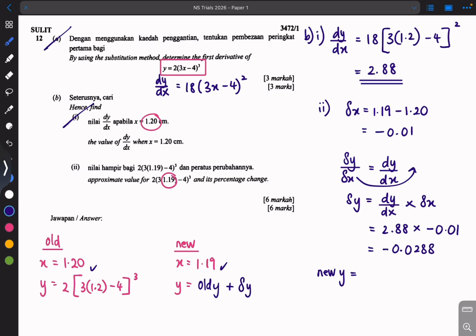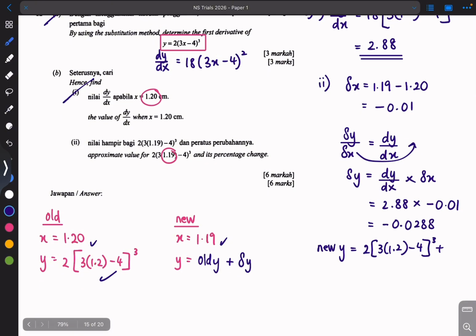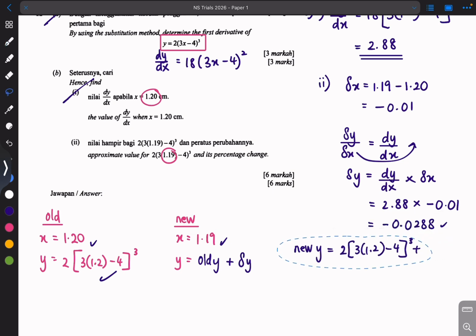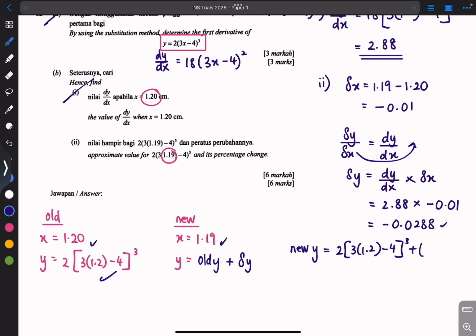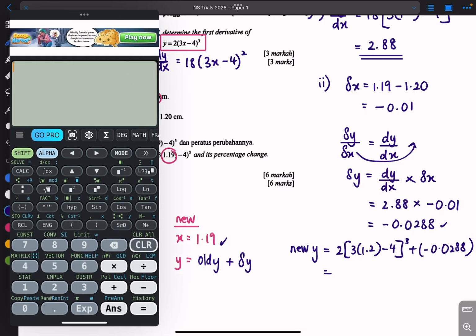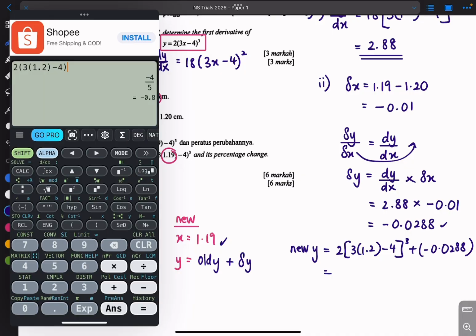So new y would be old y, this one, 2 times 3 times 1.2 minus 4 cube, plus delta y, which is negative 0.0288.